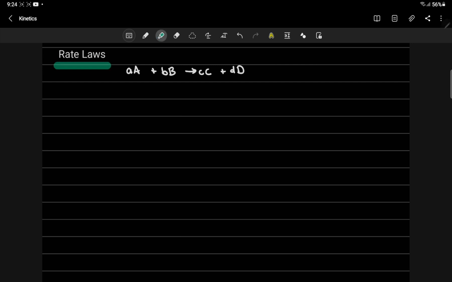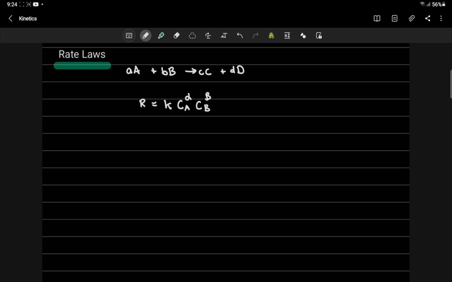Okay. Now, the rate law can be calculated based on the concentration of the reactants. So generally, if you're going to utilize our hypothetical equation right here, the rate law is expressed as R equals K times the concentration of A raised to alpha times the concentration of B raised to beta.